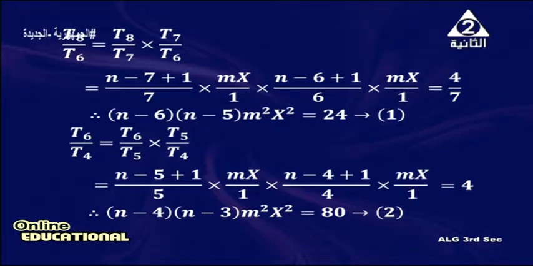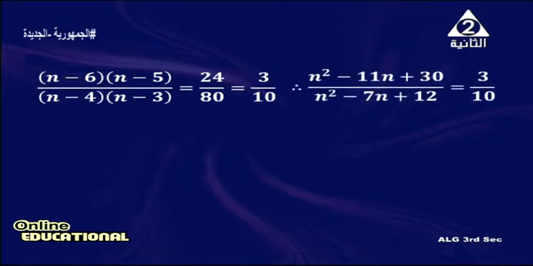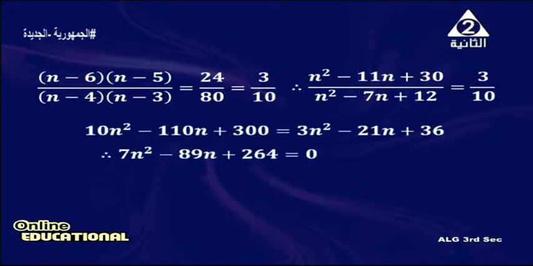By division, we simplify equation 1 and equation 2: (n − 6)(n − 5) over (n − 4)(n − 3) equals 24 over 80 equals 3 over 10. By cross multiplication, we deduce that 7n² − 89n + 264 = 0. By using a calculator or factorization, n = 8. In this case, n = 8.